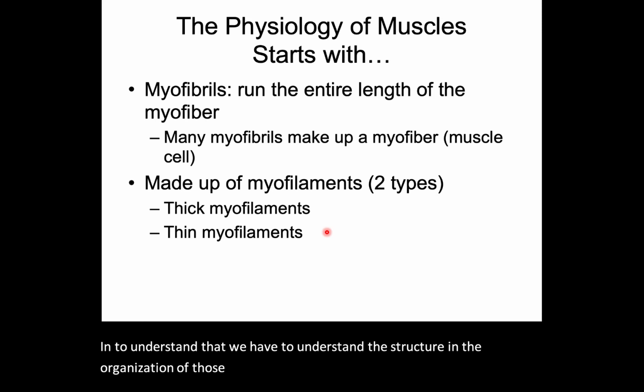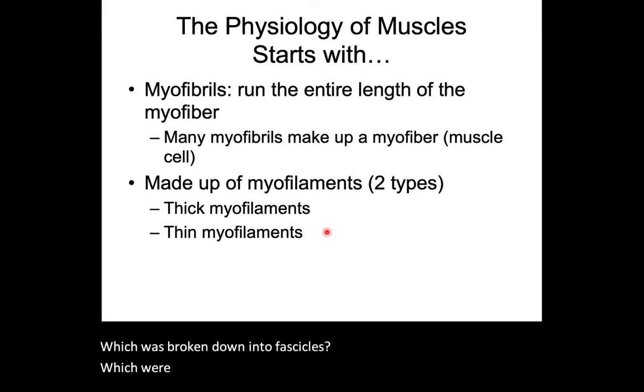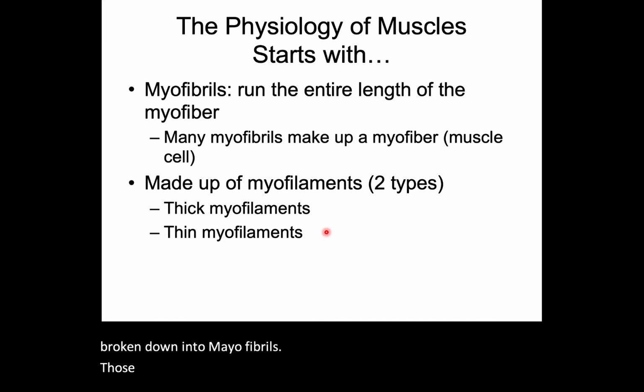So remember, you had your muscle, which was broken down into fascicles, which were broken down into myofibers, and those myofibers were broken down into myofibrils. Those myofibrils are made up of two types of myofilaments, thick and thin myofilaments.